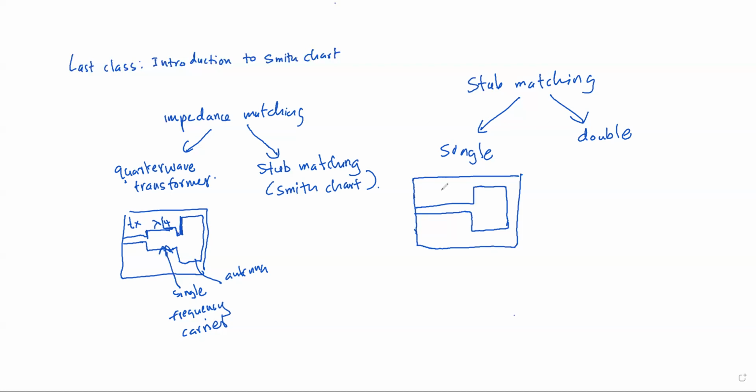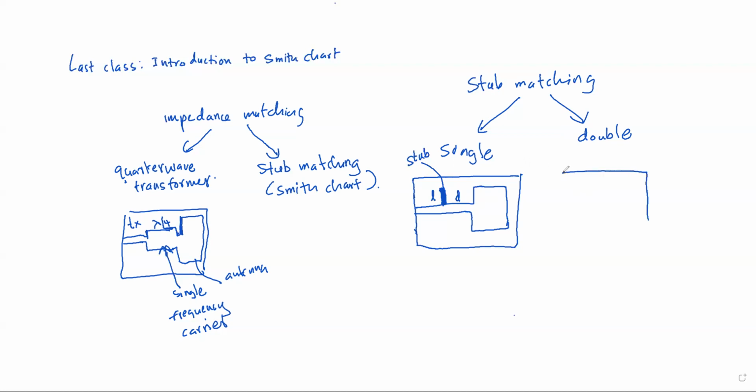Here we can add the stub: a certain metal strip at a certain distance from the antenna and with a certain length. We know the length, width, and the distance at which we need to place the stub. We add some stub here, and this is known as stub matching.